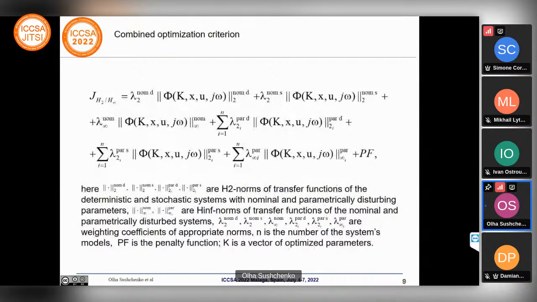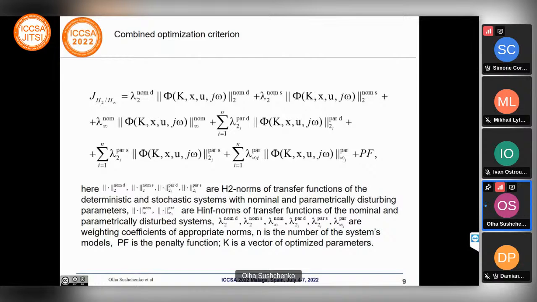It's possible to increase the efficiency of the robust optimization using the mixed H2/H infinity approach. The combination of H2 and H infinity optimizations allows us to state the task of designing an optimal stabilization system on the basis of a quadratic criterion while maintaining its properties under the influence of disturbances.